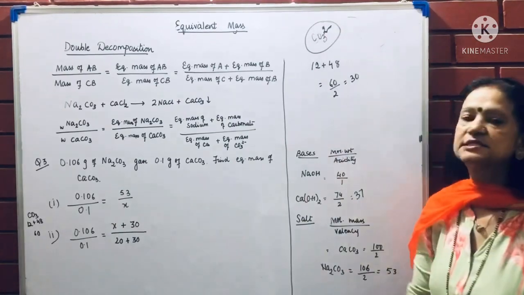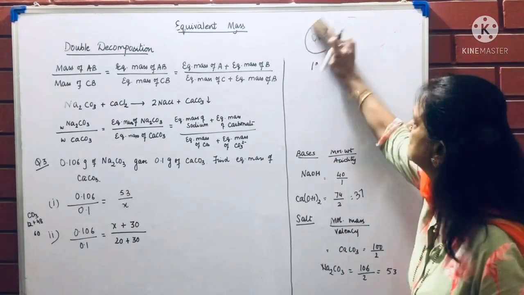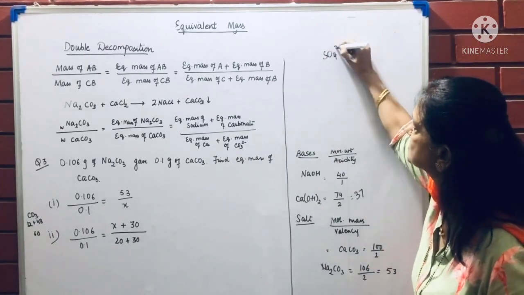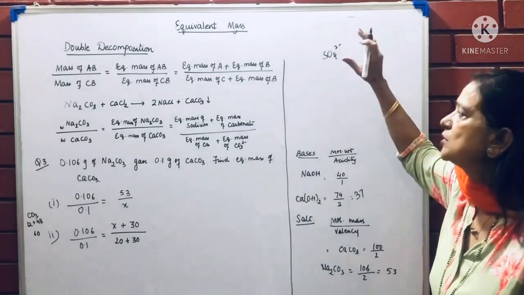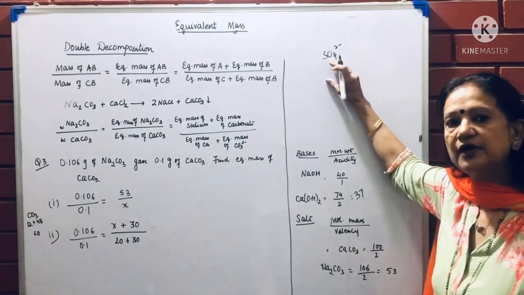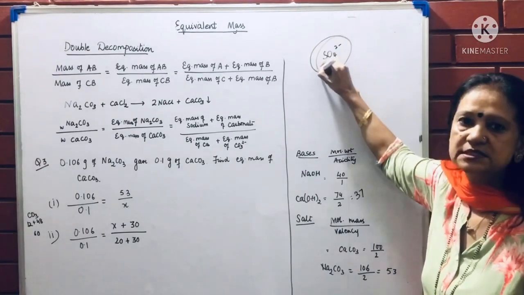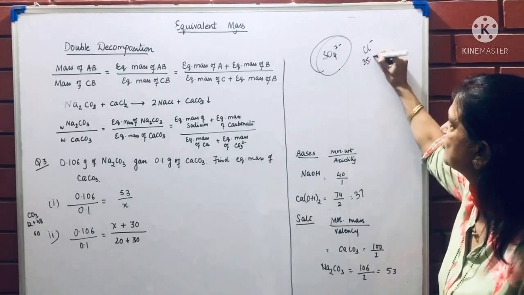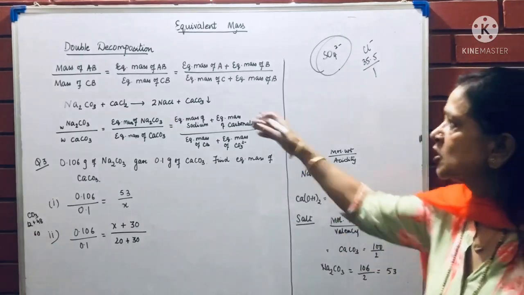So carbonate's equivalent weight is 30. Similarly, you can find the equivalent weight for sulfate, SO4 2 minus: find the molecular weight and divide by 2. For any radical, we find the equivalent mass by dividing by its valency. For chloride, 35.5 divided by 1, so it becomes 35.5.